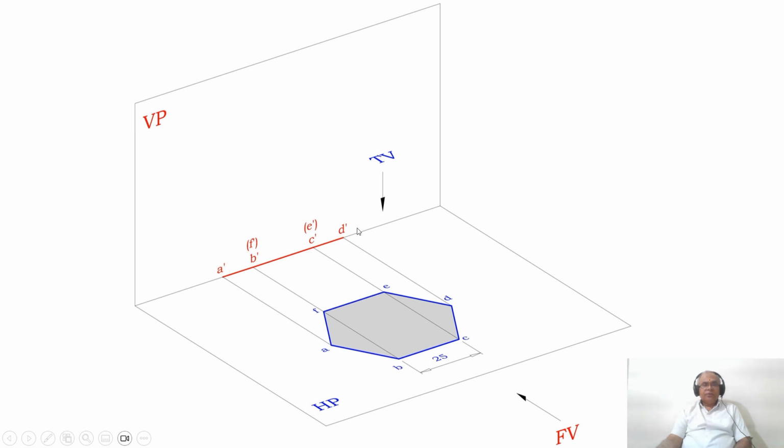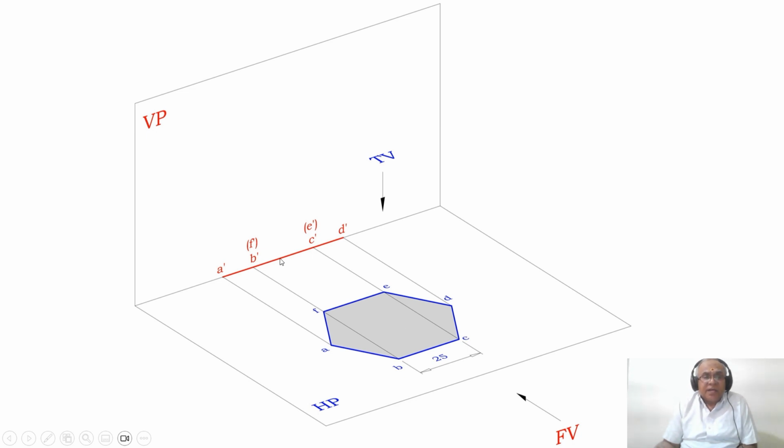When you look from the top view, all the sides are visible. So A to B, B to C, C to D, D to E, E to F and F to A is the hexagon which is going to be in corner position. And now, what is the position of this hexagonal lamina with respect to both HP and VP?